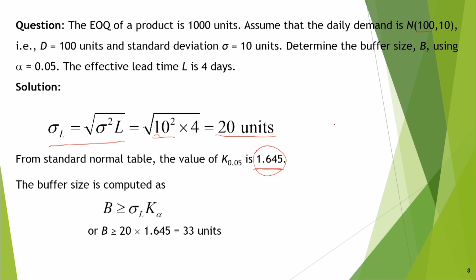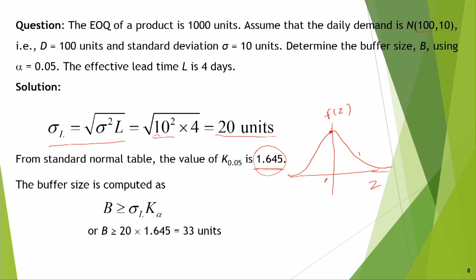Suppose this is the zero line of a normal distribution, with the peak at 0.